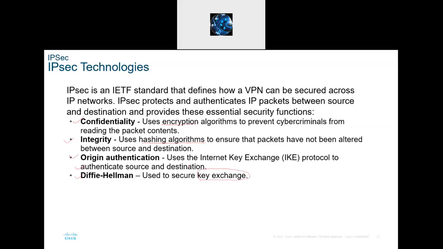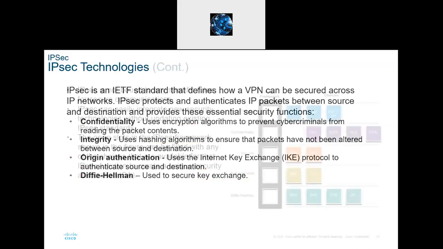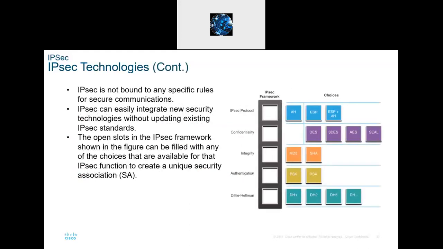For me to talk to you and for you to talk to me, we need to make sure we have the same key, meaning we are configured to exchange information. And those keys must be exchanged securely also, because if a criminal can get one of your keys, then the key is as good as gone.